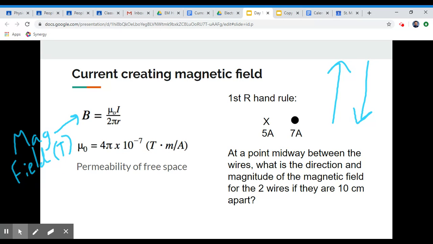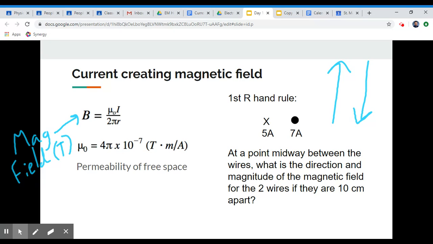Now I guess I didn't really finish explaining this equation over here. I hope you know what the rest of these represent. Don't forget I, or current, is represented in amps, and then we're dividing it by 2 pi r, and r is just going to be your radius. In this problem, the distance is 10 centimeters.